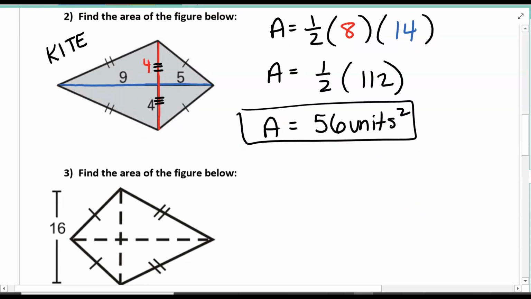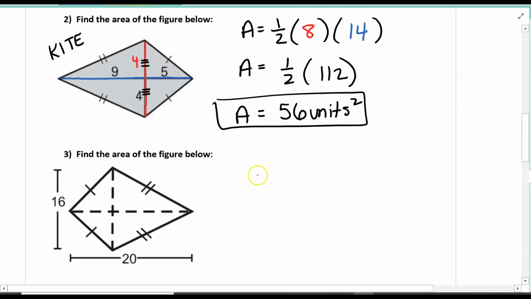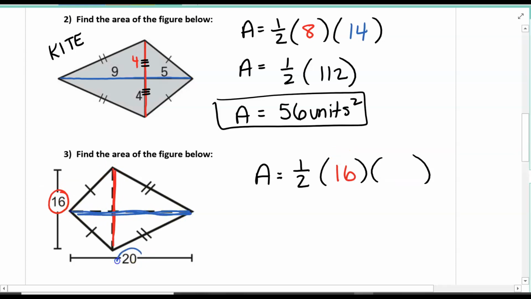Number 3, we use the same formula again. You'll notice it's very repetitive in each one of these lessons. You're always dealing with the same formula over and over. So my area is equal to 1/2 times one diagonal times the other. One diagonal, in this case, is the 16. The other diagonal in this diagram is going to be the 20.